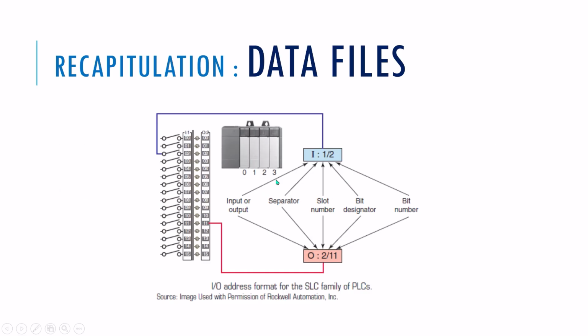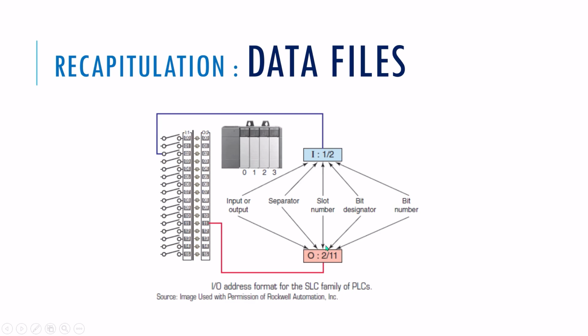We can see this more clearly through this diagram. Here is the main PLC, and these are the racks connected to the PLC. This I or O specifies whether it is an input designation or output designation, that means whether we are talking about an input file or output file. Then we have a separator before we specify the address.